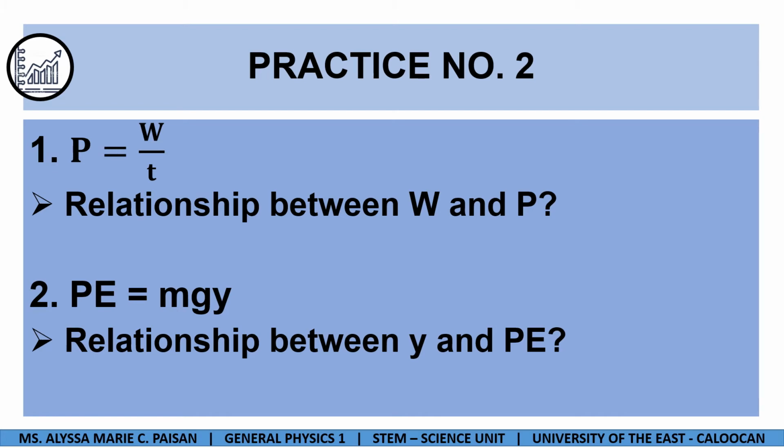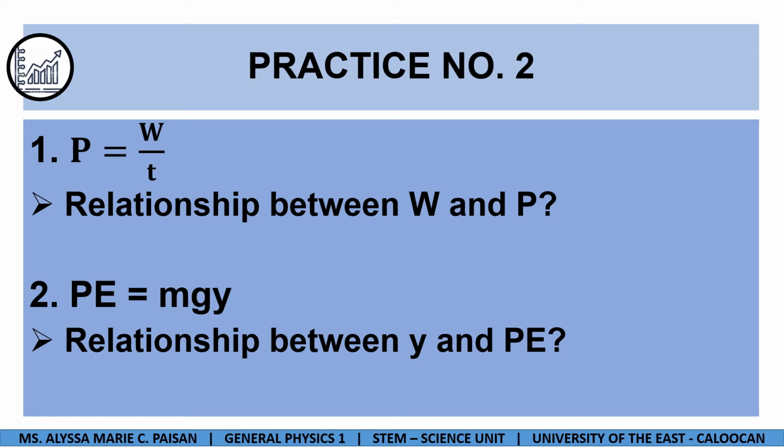For number 1, we have P is equal to W divided by T. And your goal is to get the relationship between W and P.